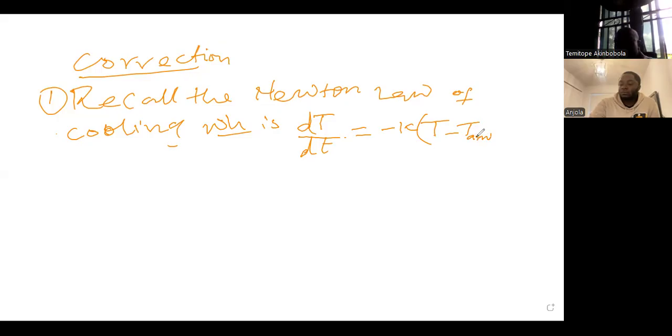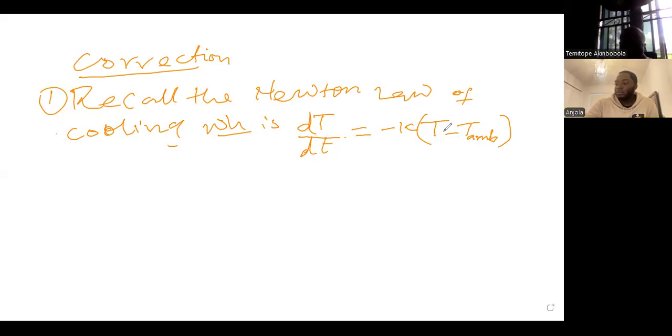What do I mean by T ambient? That is the temperature of the surrounding, the ambient temperature. So this is the equation for the Newton law of cooling.